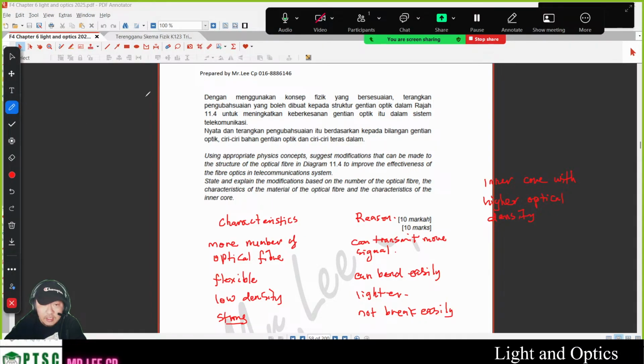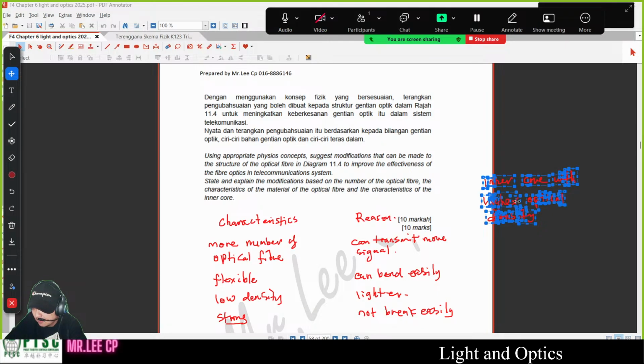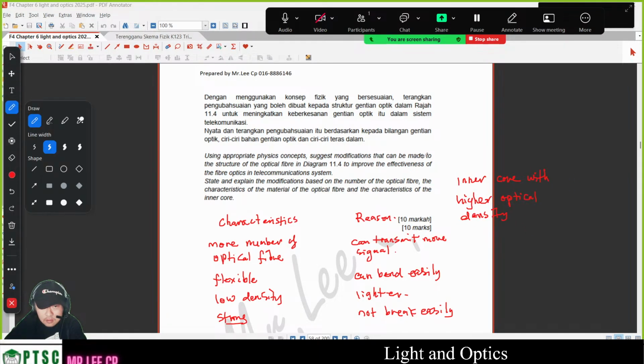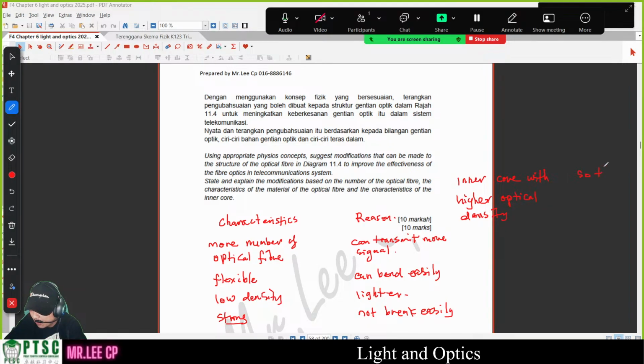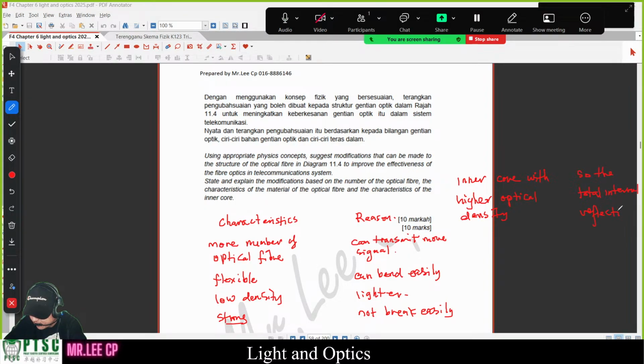Why higher optical density? So your reason will be so the total internal reflection can happen.